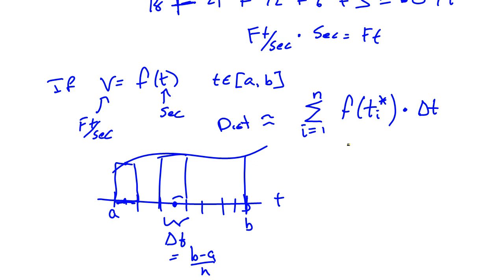So there's various things, and we'll look at other examples too in the future, where it's the same idea of you're chopping up something and multiplying a little bit of length in one direction times the function value in the other direction. Sometimes it's area, sometimes it's distance, sometimes it'll be volume, sometimes it'll be something else. It's just a matter of what's the function giving you as an output and what's the variable representing as an input.